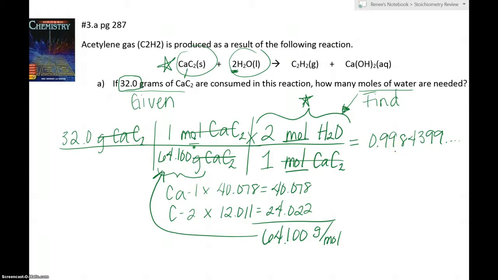So we should transfer this number into 3 significant digits, so that would be about 0.998 moles of water. So basically a little less than a mole of water.